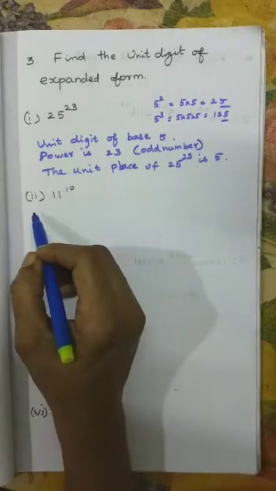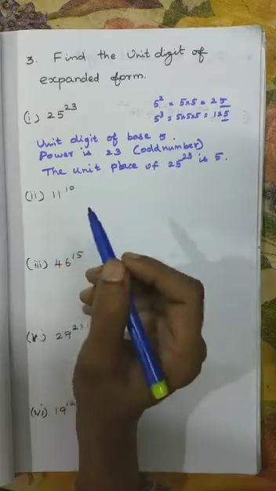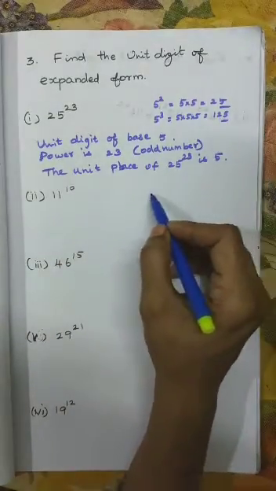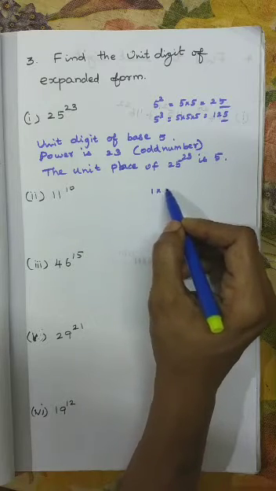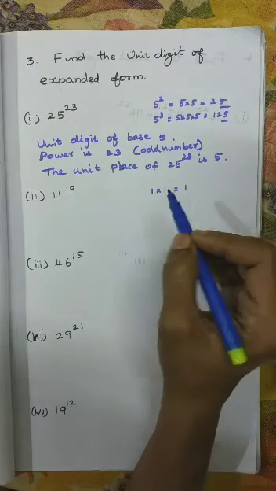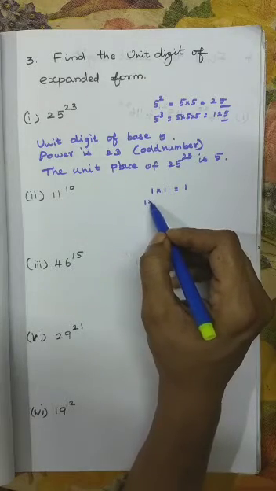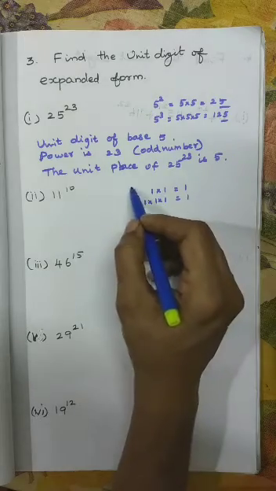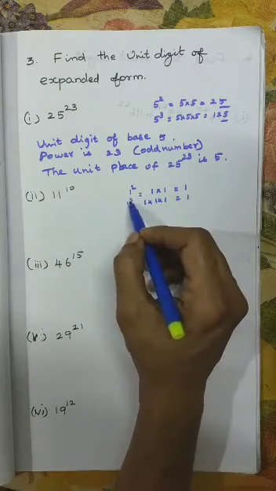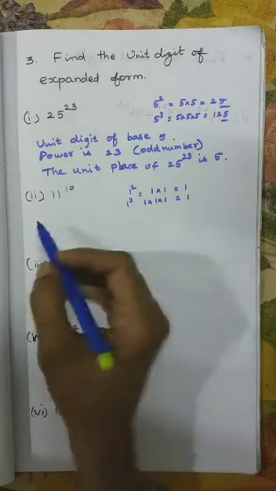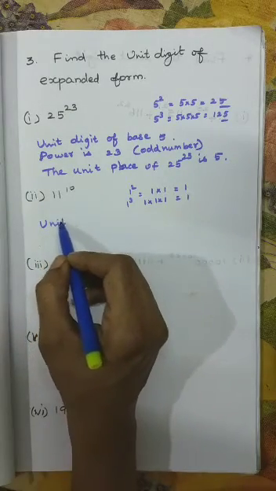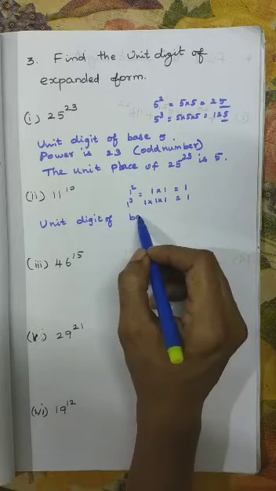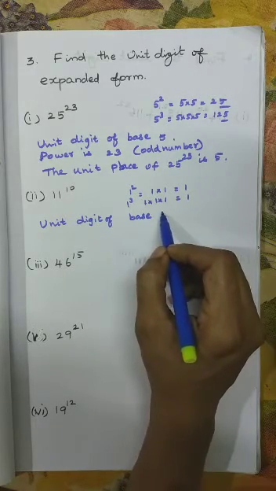Okay. Then see the second one, 11 power 10. Here the power is 10, that is even. See here, 1 into 1 is equal to 1. Then 1 into 1 into 1 is equal to 1. Here the power is even, here the power is odd. So the units digit of the base is 1.